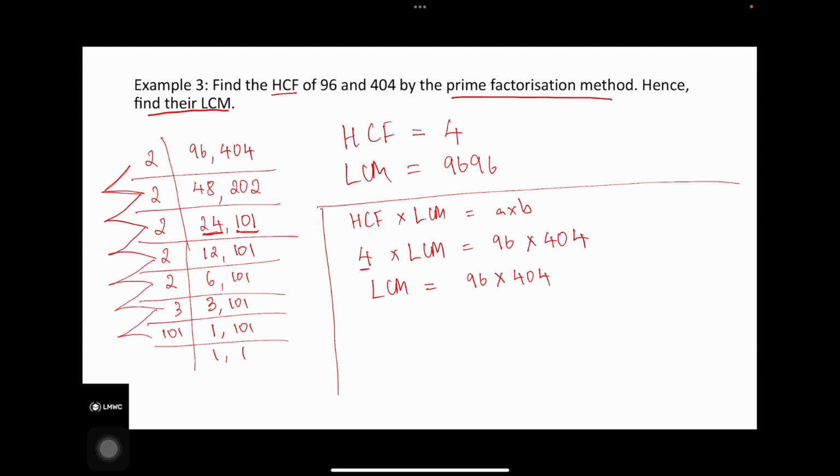But this 4, if you take it to the other side, it will go down in the denominator. So 4 will be down, and 4 and 404 are multiples. Therefore, I have 96 times 101, which is 9696. So hence my LCMs are both correct. So you can either use this formula, or you can use the prime factorization method. It doesn't matter, since in the question nothing has been mentioned.